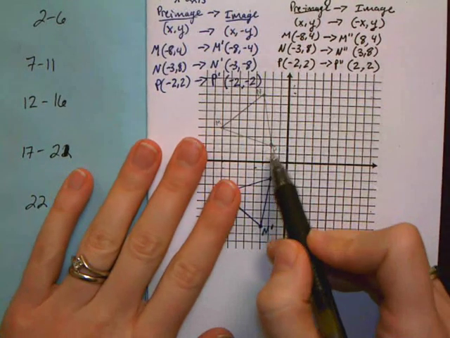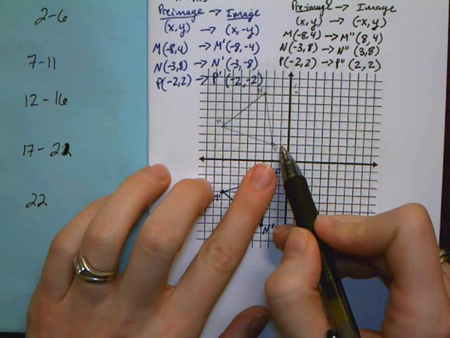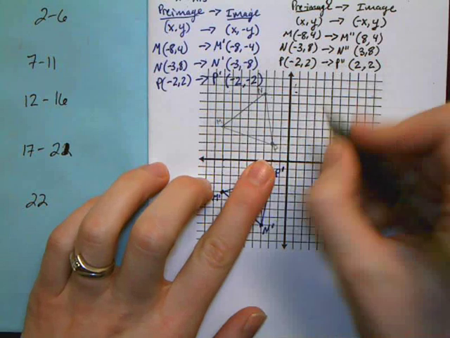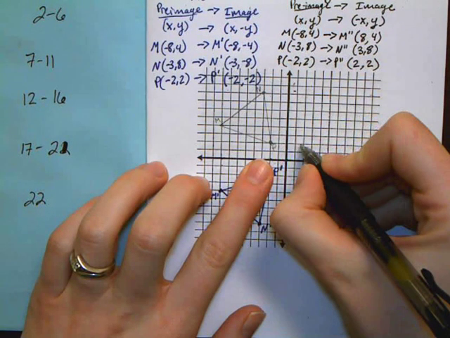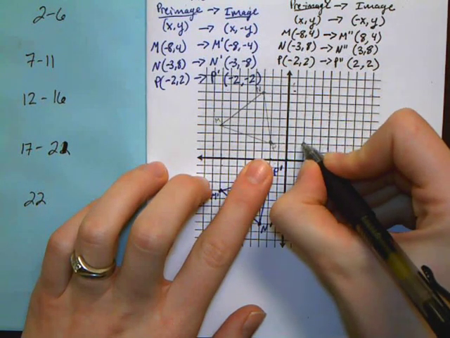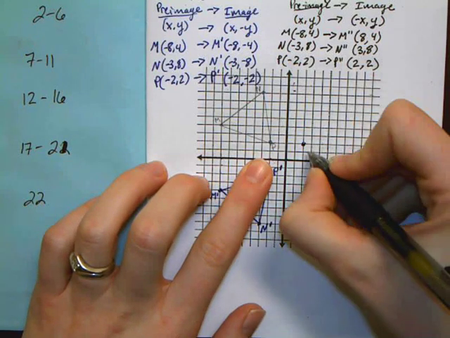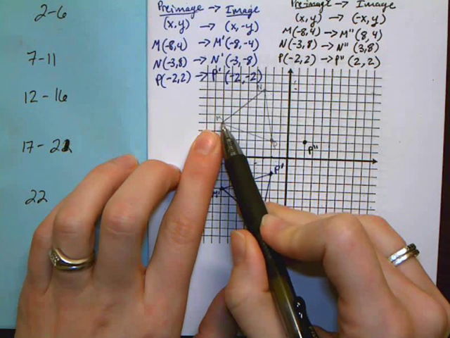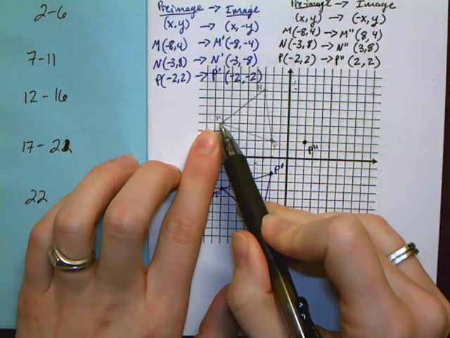Well, when we reflect over the y-axis, it's going to be the same thing. So if you don't remember the rule or you don't like the rule, then you can always just do it visually. If this P starts out 2 points away from the y-axis here, then it's going to end up along the same line, but 2 points in the other direction, and that'll be P double prime.